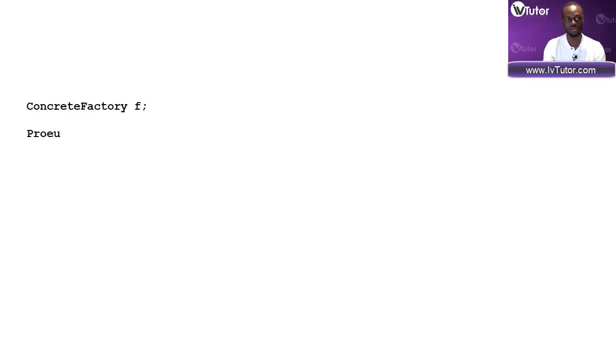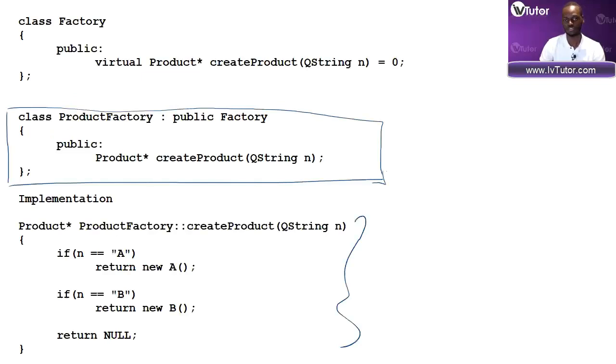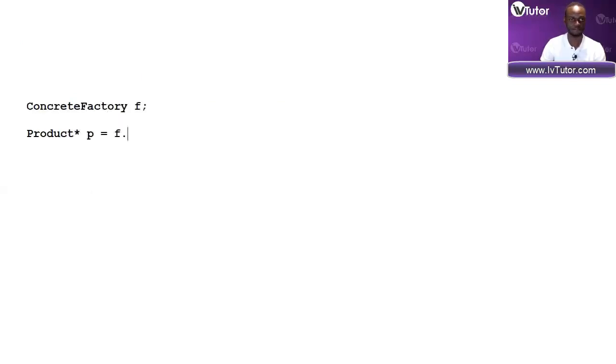So you then go product P equals F dot. Now in this case, what is our function? It's called create product, and it requires the name of the product. So I can now say F dot create product and give it the name of the product that you want. And your function will then return that instance.